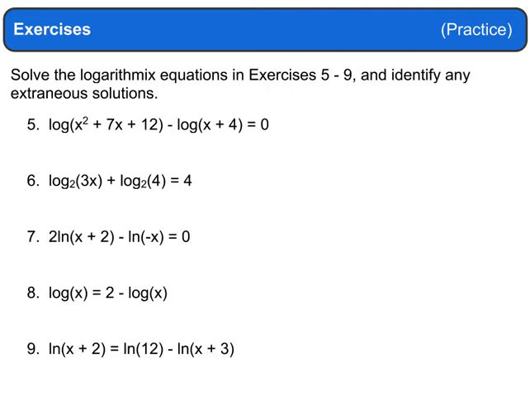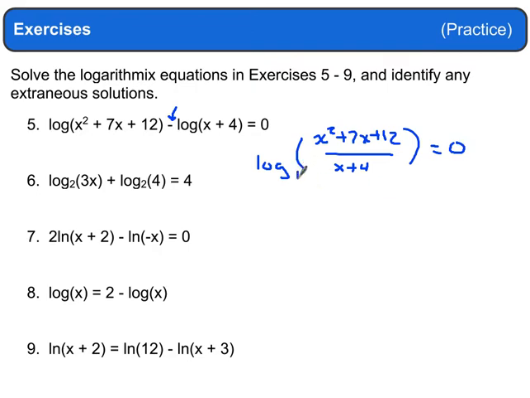Alright, so that leaves us with these exercises, numbers 5 through 9, where we'll model each one and show how they are solved as a single piece. So we have a minus sign right here, so that means when we combine our logs, we're going to have division. So we'll write 1 log, and then we'll put x squared plus 7x plus 12 over x plus 4, and that's going to equal 0.